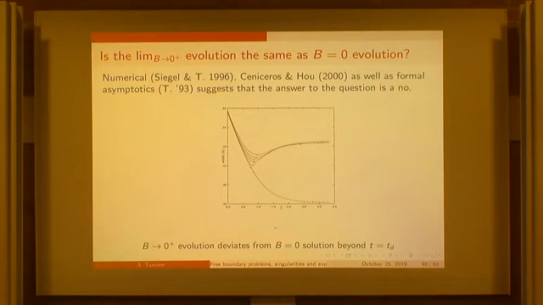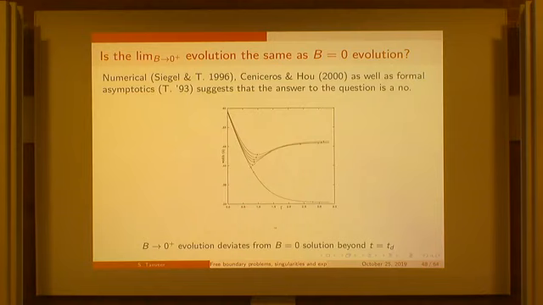So it evolves into a finger with width one third. The reciprocal of the tip speed is actually the width. So what we call width here is the reciprocal of the tip speed. When it goes to a steady solution, it becomes exactly the Saffman-Taylor finger width.